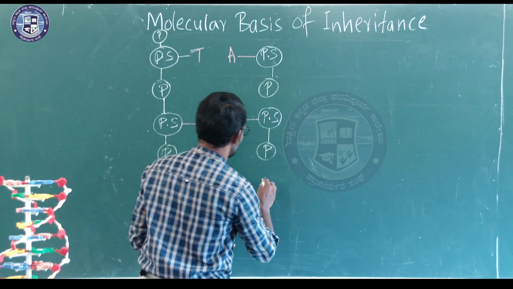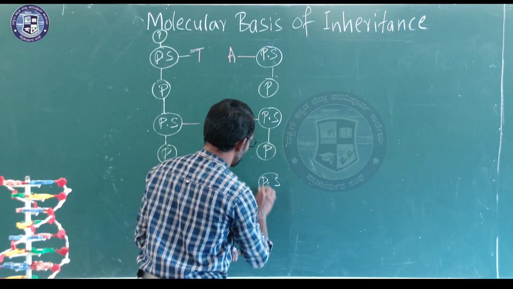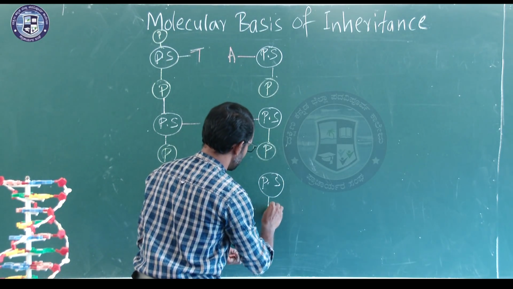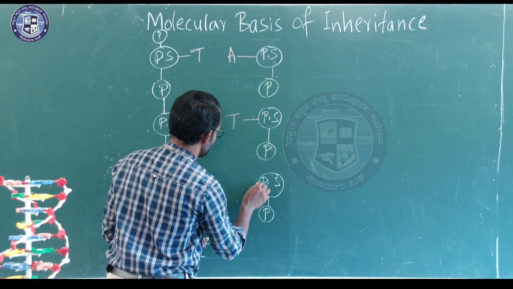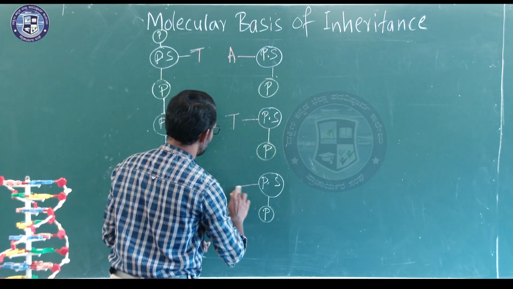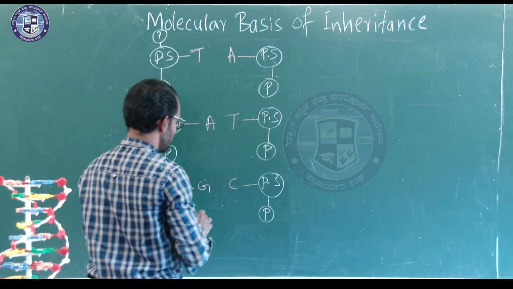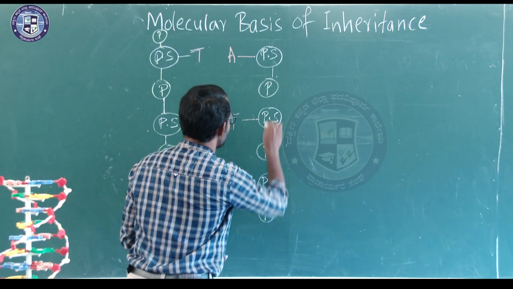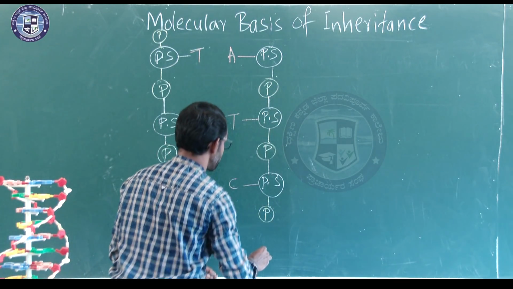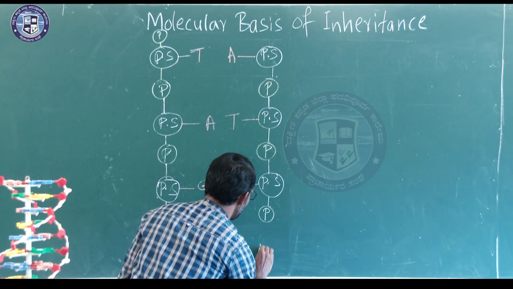Then you locate a next nucleotide which has a pentose sugar, a phosphate group, and a nitrogenous base. Now I am placing cytosine here, and once again one more nucleotide.